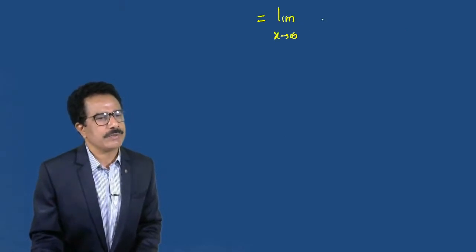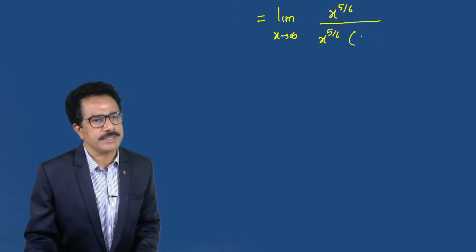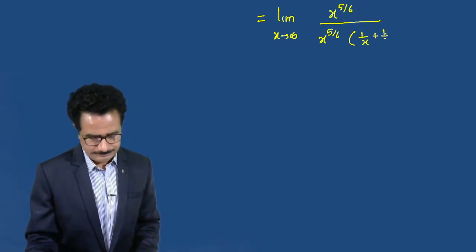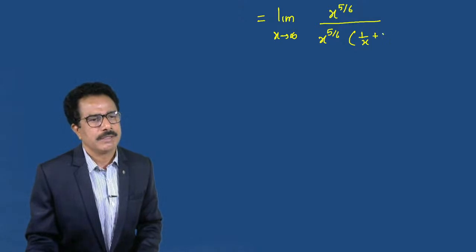limit x tends to infinity of x raised to 5 by 6 divided by x raised to 5 by 6 into (1 upon x plus 1) bracket raised to 1 by 2.